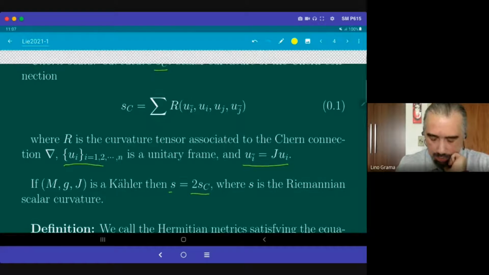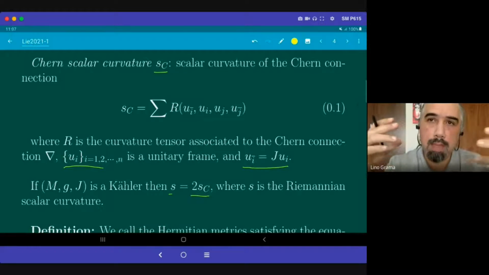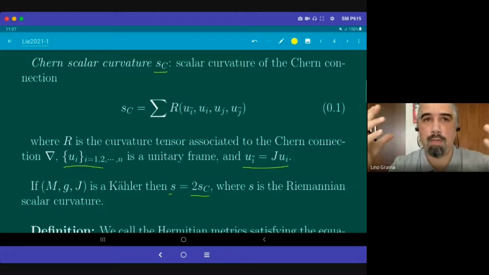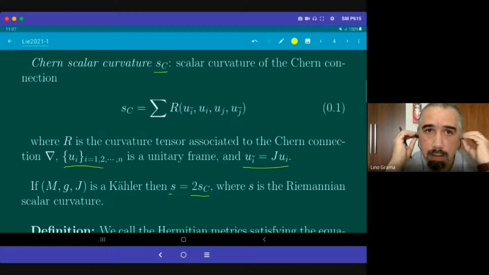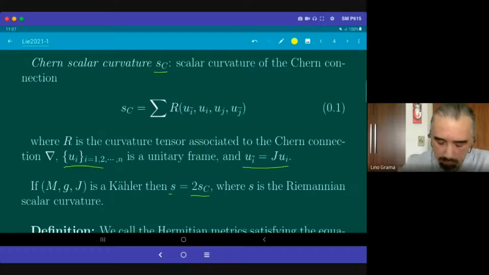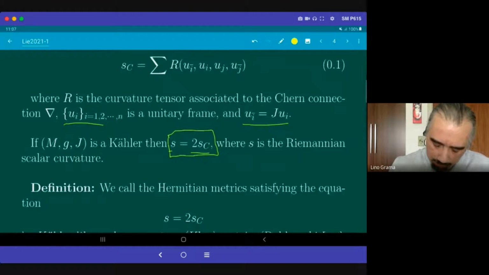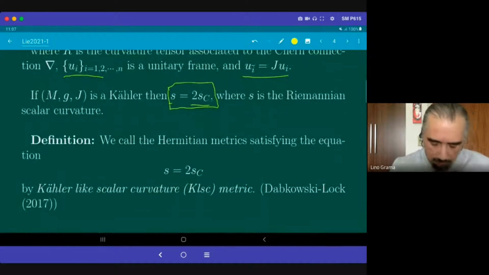In general, what is the meaning of the Chern scalar curvature in the context where there's no Kähler manifold? In general, it's very hard to find this meaning. But if you look for almost Hermitian manifolds that satisfy this equation, you can have some geometric meaning for this. Then we have the following definition, which appears in the literature.